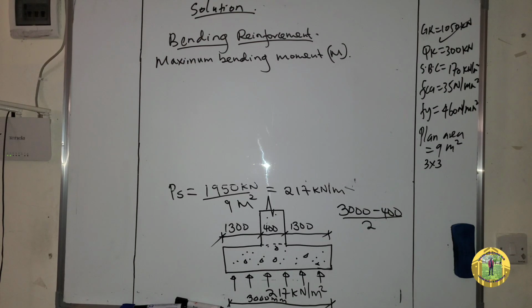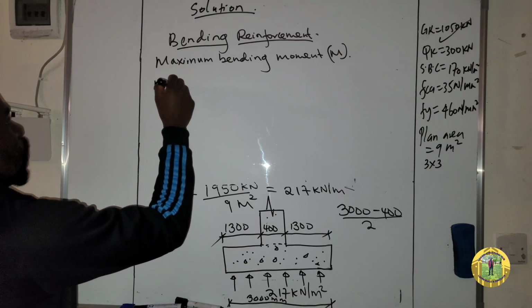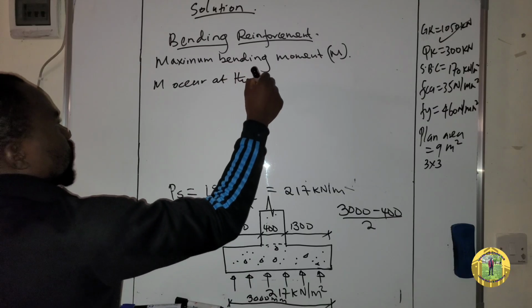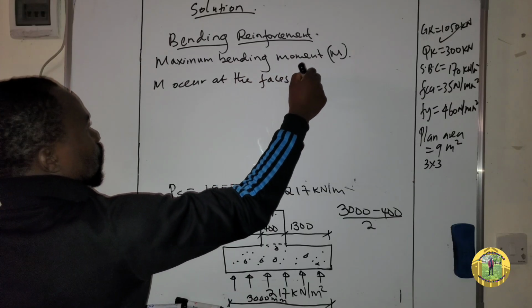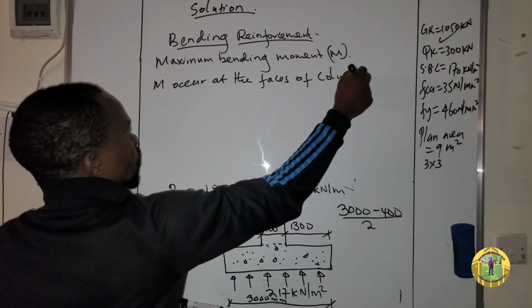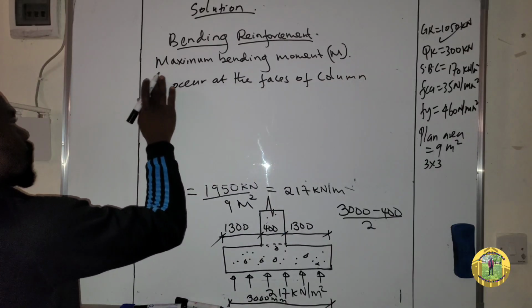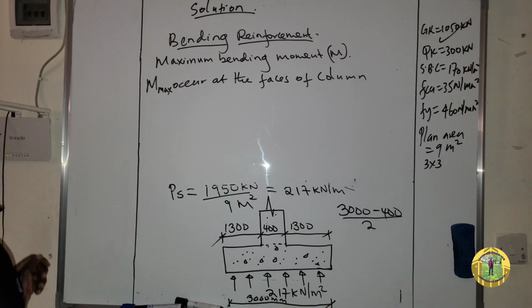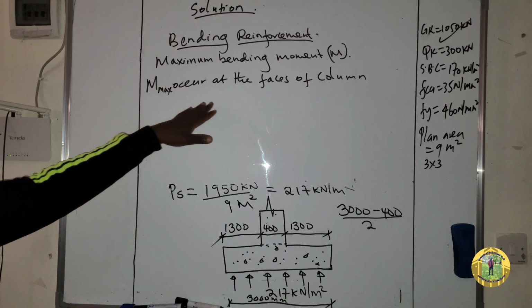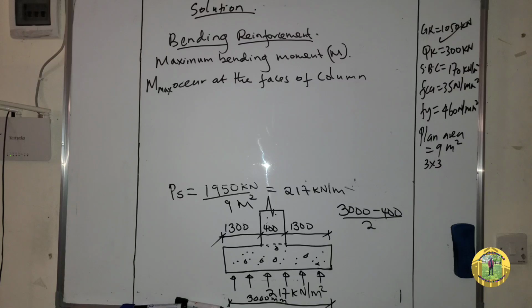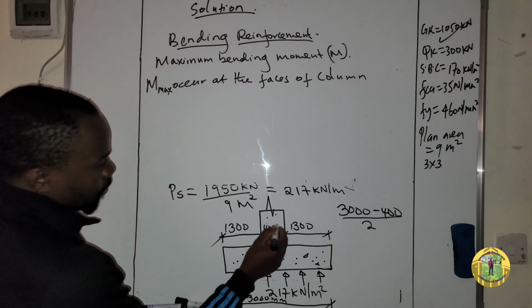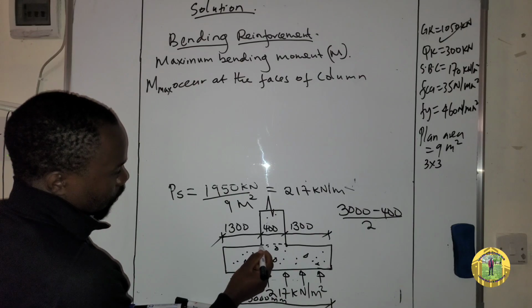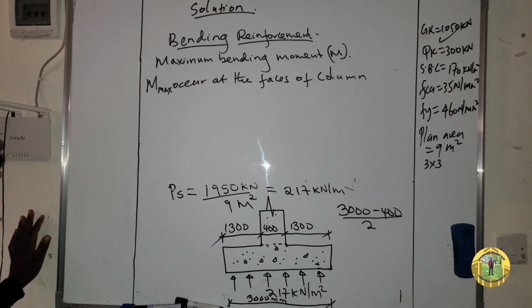So design moment, which is M, occurs at the faces of column. And remember, this is the M max. So the maximum bending moment M occurs at the faces of a column. So if this is a column, then it will occur at the faces of this column.